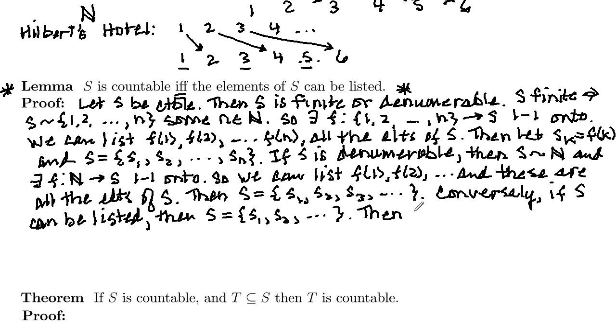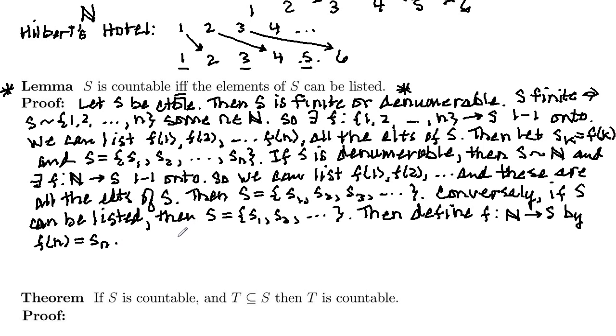So then we can define a one-to-one onto function. We can define an f from the natural numbers into the set, or this could be a subset of the natural numbers, the first n natural numbers. And we define that by f of n is S sub n.